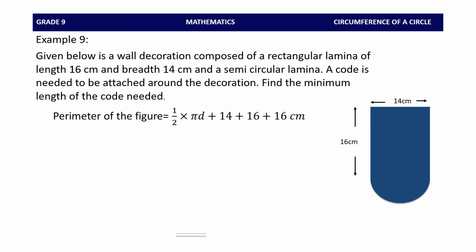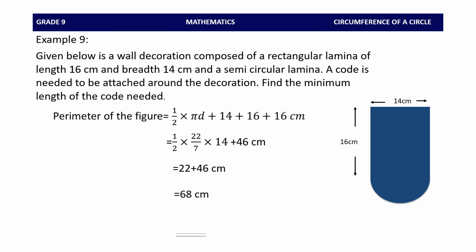So, the perimeter of the figure equals half of πd plus 14 plus 16 plus 16. Substitute the values. Half multiplied by 22 over 7 multiplied by the diameter 14 plus 46 centimeters. 2 into 7 is 14, and 14 and 14 can be simplified.